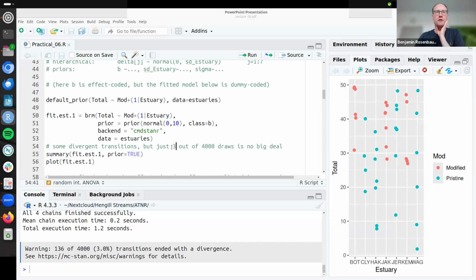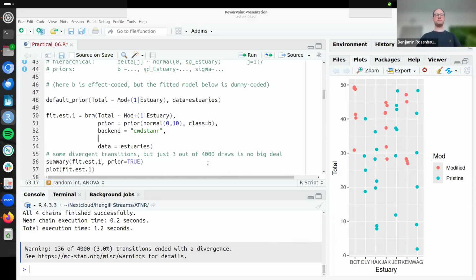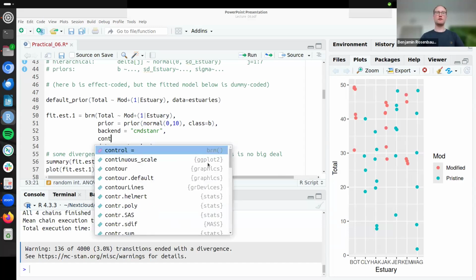Okay, in the previous run, I don't know why, I just had 3 divergent iterations, but maybe I noted this down wrong. It's 136. We can specify that the MCMC samples more accurately. I just have to remember how this is done in BRMS. Control.